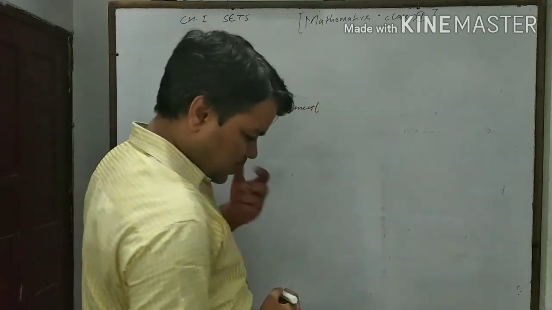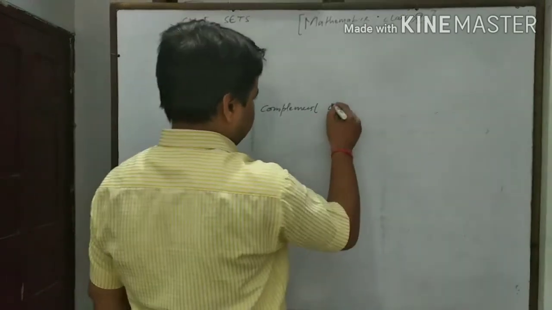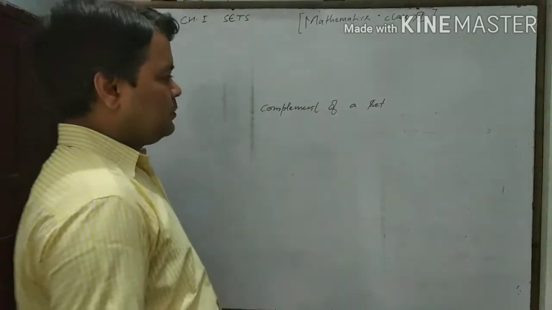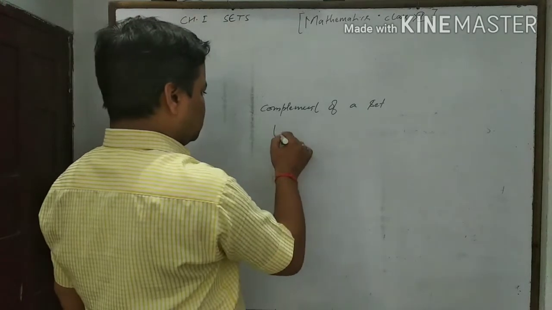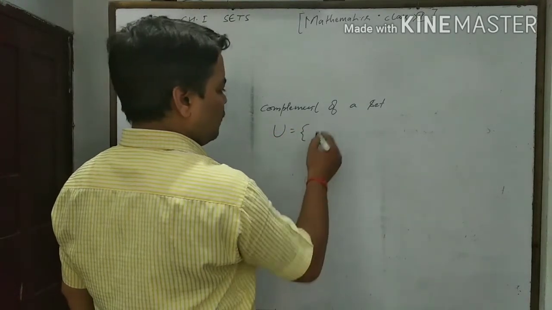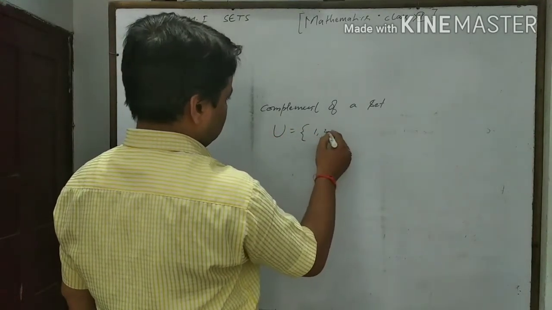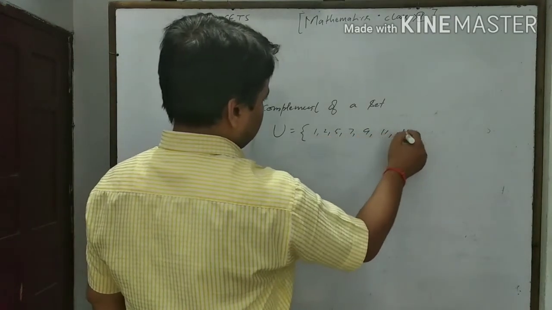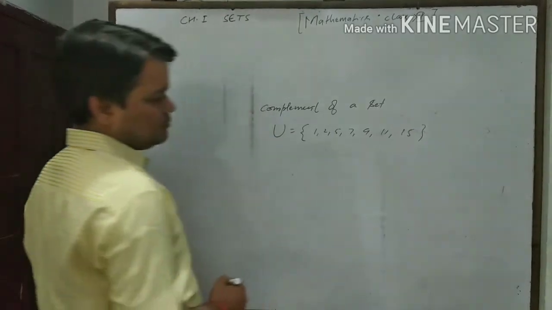Complement of a set. Let this be the universal set, where 1, 2, 5, 7, 9, 11, 15 are given.